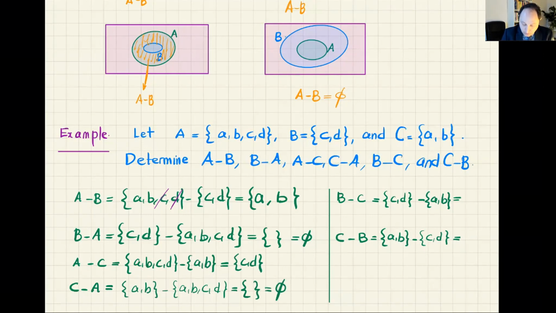Okay, so what is your opinion about this one? What is B minus C? It's B. It's B itself, because you are interested in those elements which are in the first set but not in the second one, and they are C and D. But C and D is the name of B, so you see it is not like numbers.